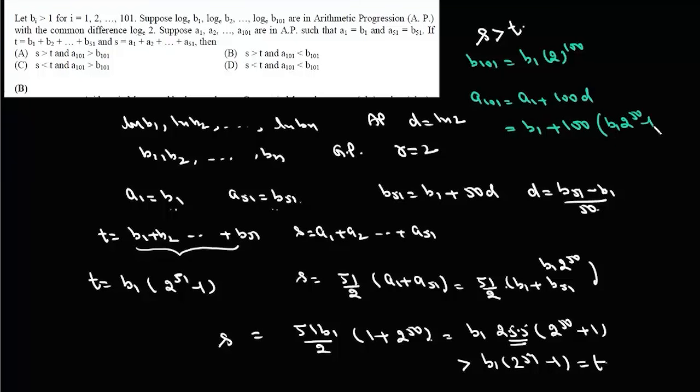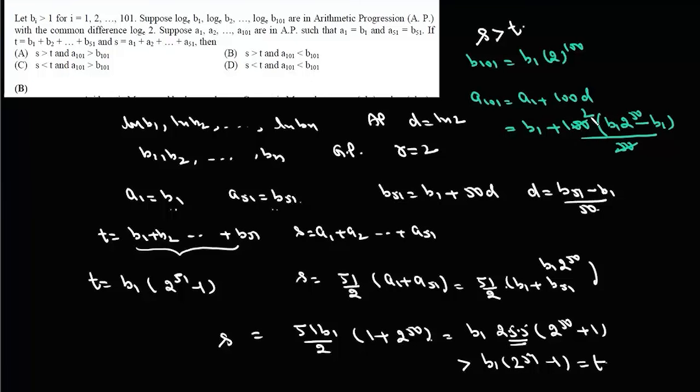Now we need to find the relationship between A101 and B101. Clearly B101 is B1 to the power 100, whereas A101 will be B1 plus 100 D, and this D is B1 to the power 50 minus B1 whole divided by 50.